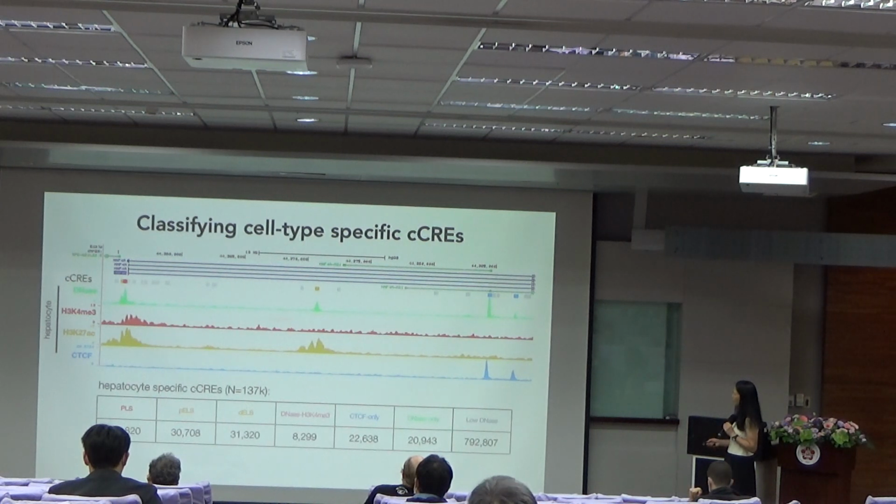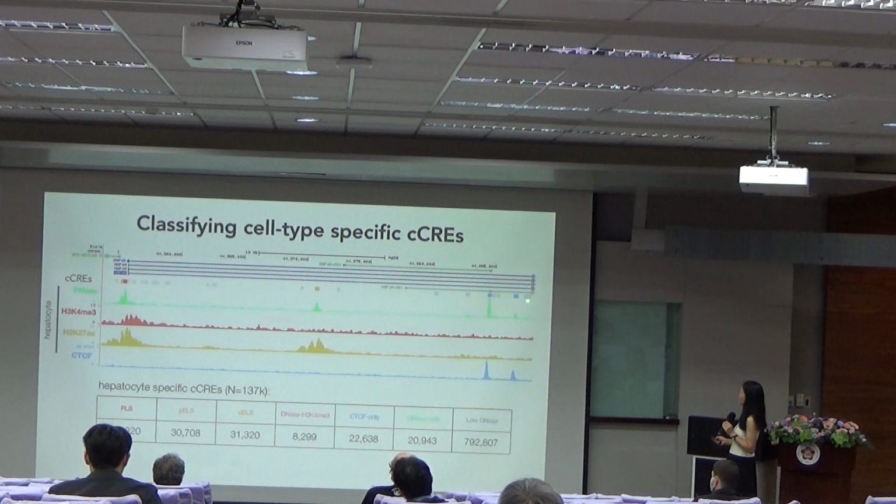Go back to my example of a specific gene. Here I'm giving you an example of HNF4A. This encodes another transcription factor, one specifically functional in hepatocytes. You can see that for this gene, if we look at the hepatocyte and all the cCREs here, these are the boxes.